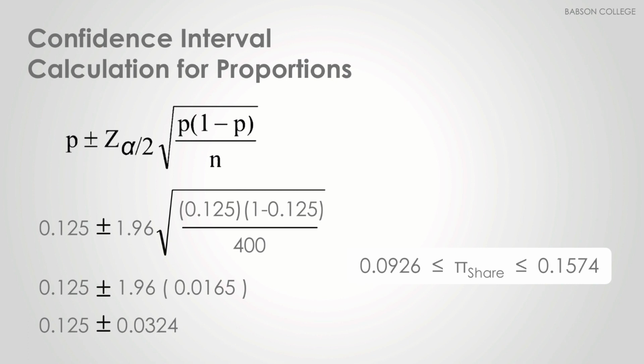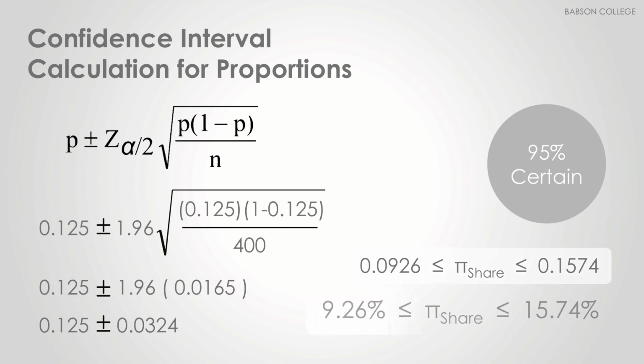That will be less than the population proportion, the market share we hope to get, which is less than 0.1574. From this interval, we can state that we are 95% confident that our true population proportion of our target market would be between 9.26% and 15.74% for the new charger.